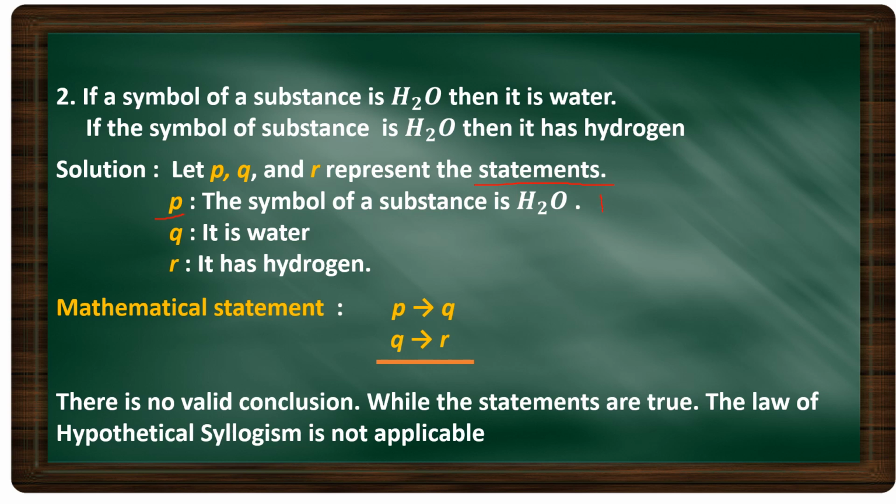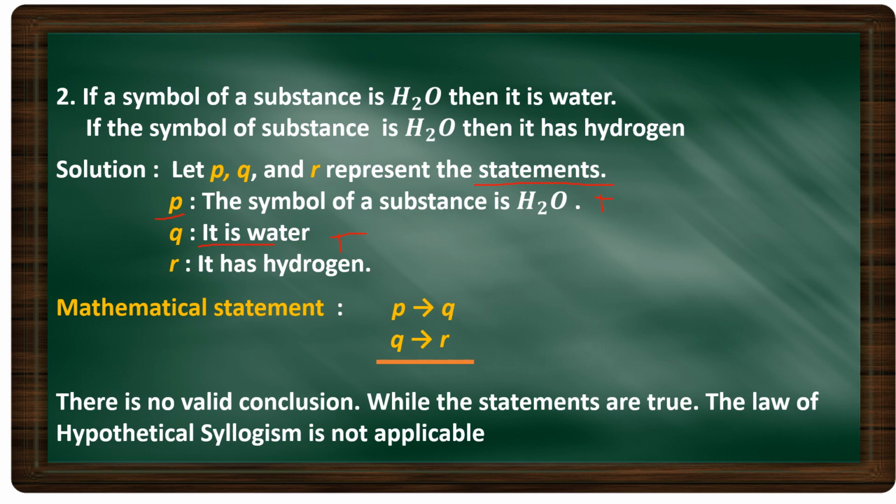So, dito po, ang symbol ng substance is H2O. And that is water. Then, our conclusion, which is, we have here, it is a water. Tama. Kung ang symbol ng isang substance is H2O, and that is a water. So, true po tayo.